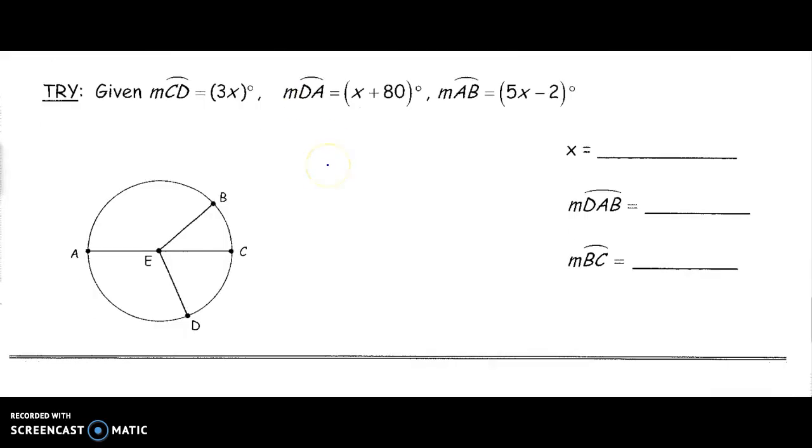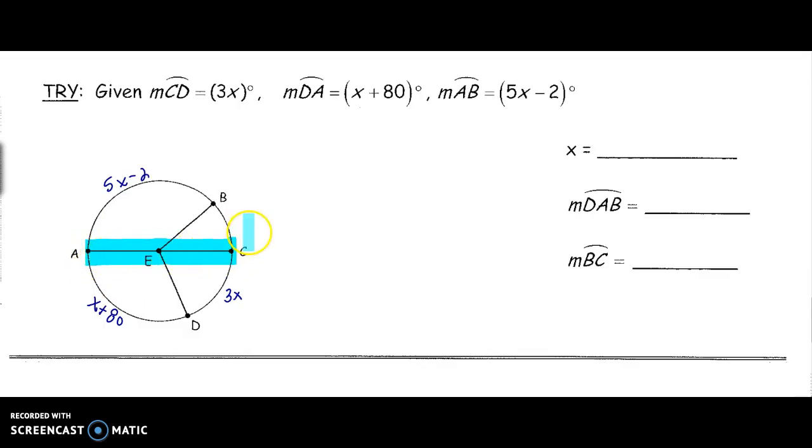The last one, sorry I'm rushing, but I'm running out of time, I have 2 minutes. Here we're going to try this one. CD has a measure of 3x, so now we're adding in a variable. DA has a measure of x plus 80, and AB has a measure of 5x minus 2. Now we cannot add all these up and set them equal to 360 because we are missing one piece, but we have a diameter.